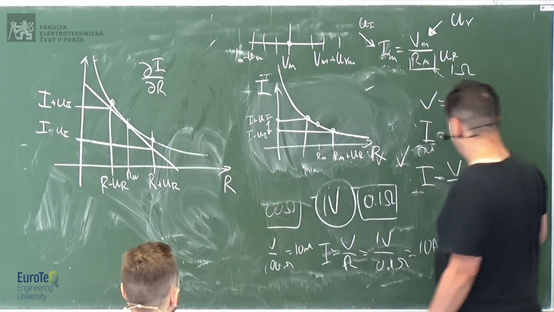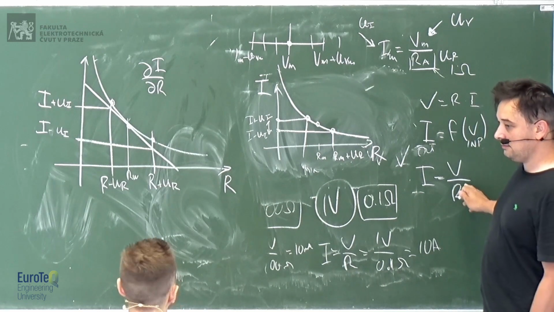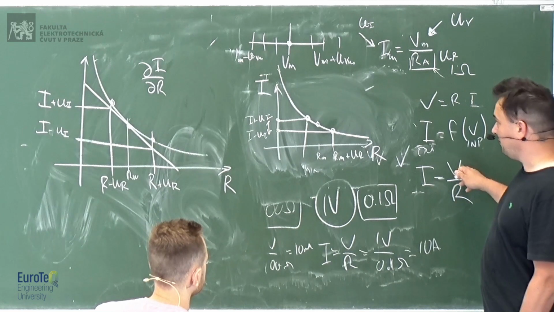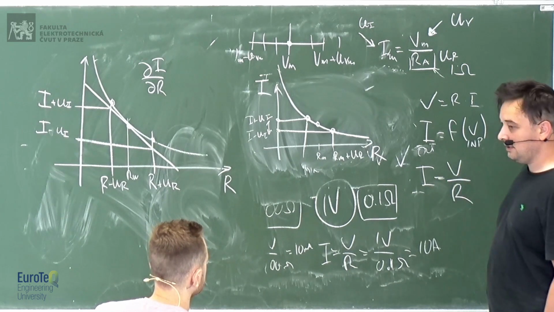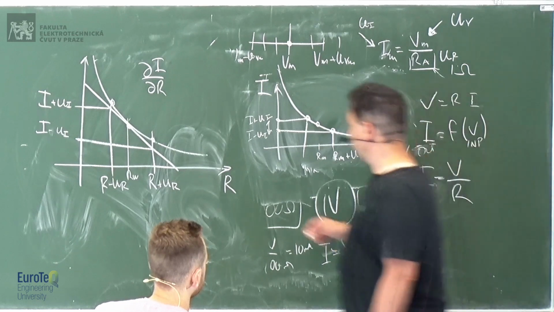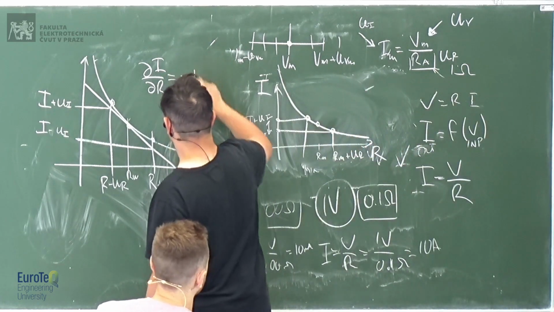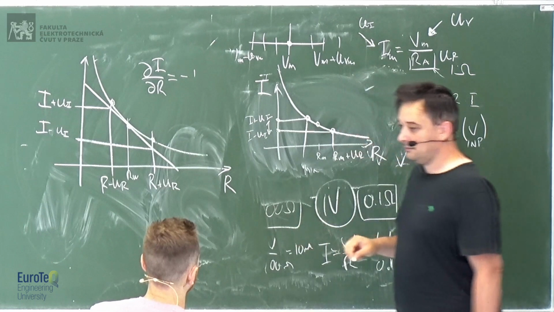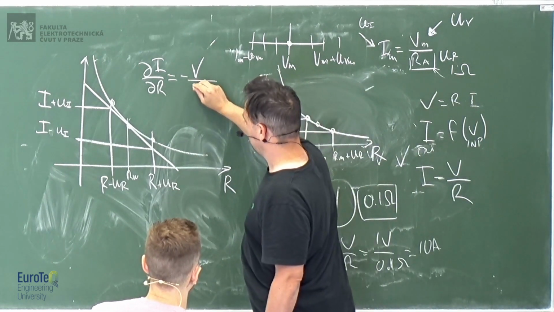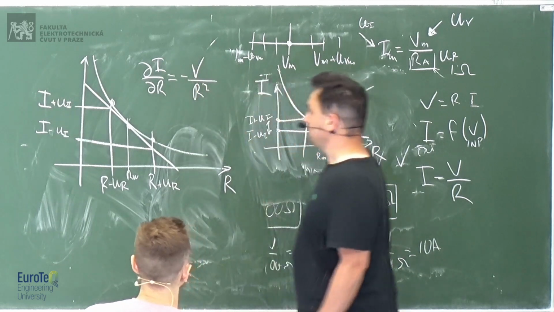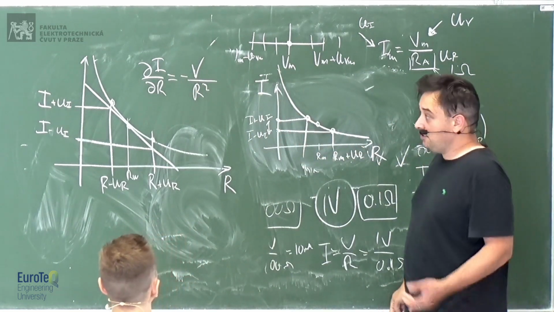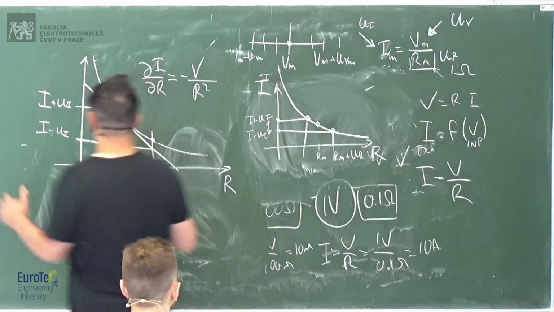Can you calculate it from here? What's the derivative of I with respect to R? It's going to be minus V over R squared.